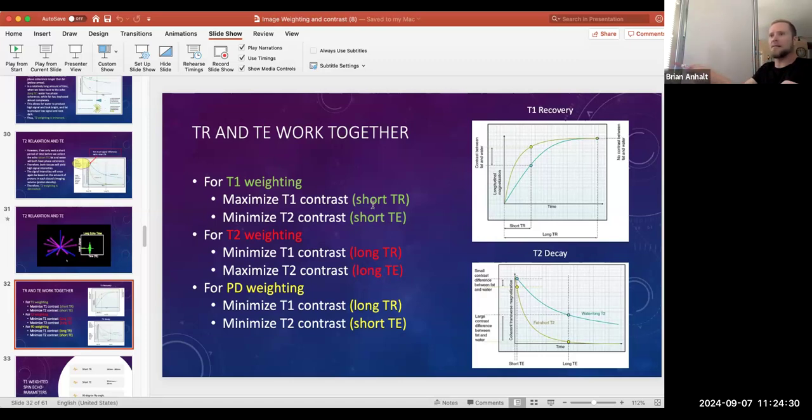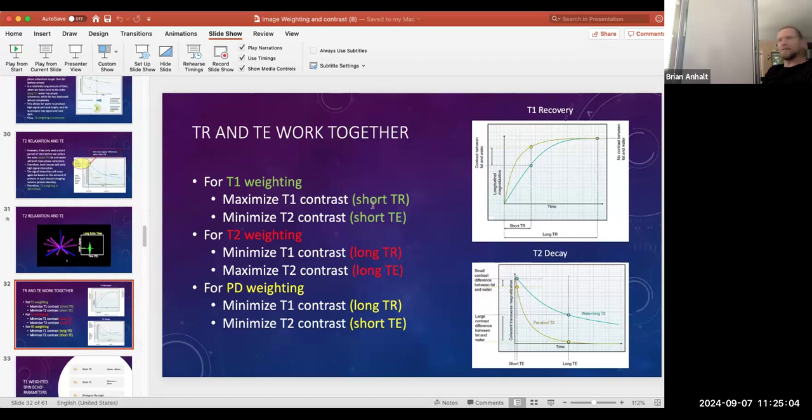And that minimizes the T1 contrast, right? So for a T2 weighted image, I want a long TR to minimize T1 contrast. And then I want to wait a long period of time before we listen back to get T2 contrast, or contrast based on the differences in T2 decay rates. You're going to have to know which tissues look bright and dark in different weightings and why, and how we would change that.